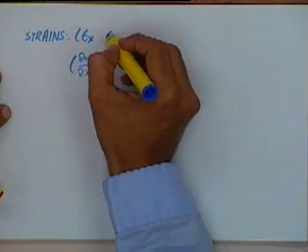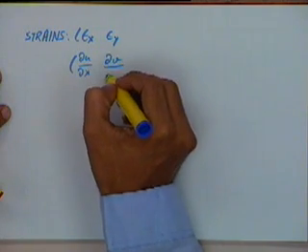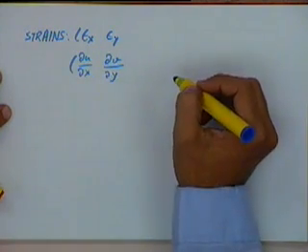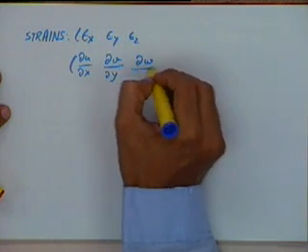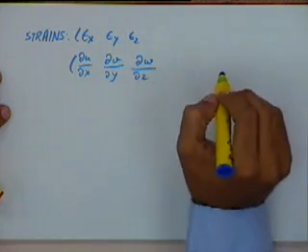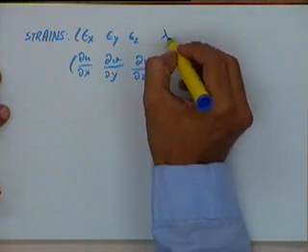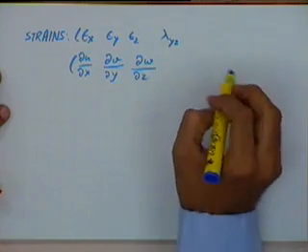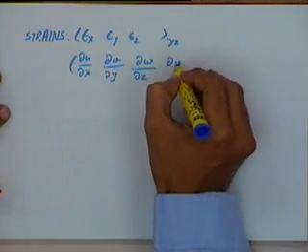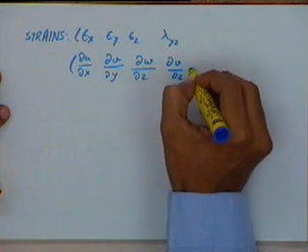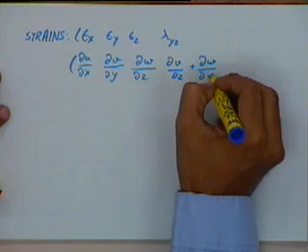Similarly, epsilon y is the same as del v by del y, and epsilon z is the same as del w by del z. Then the next term is lambda yz, which is the same as del v by del z plus del w by del y.